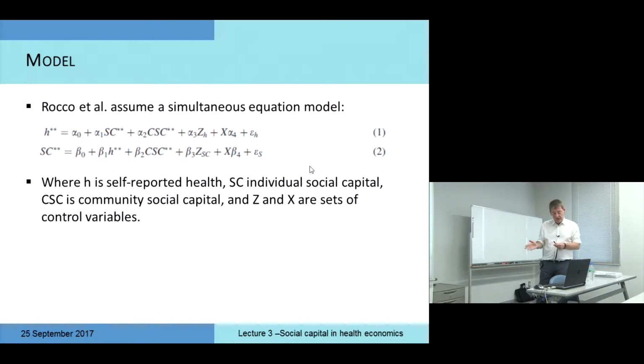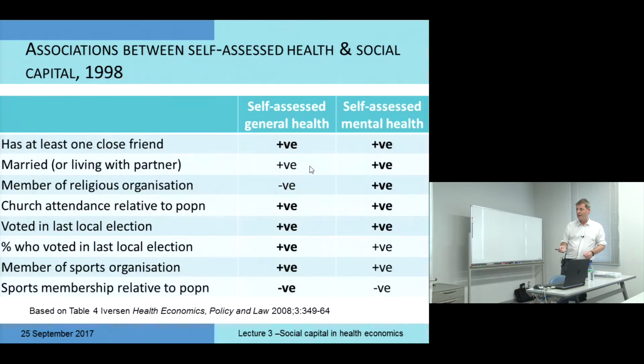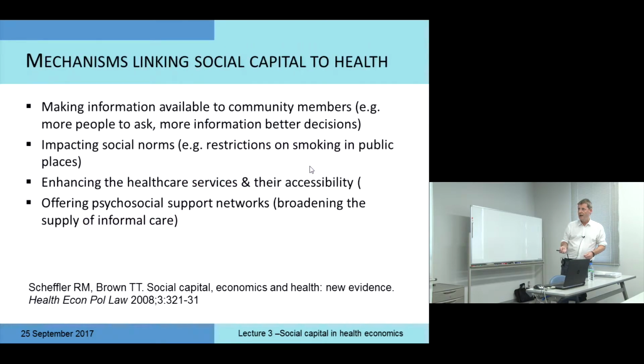So what this author's trying to do is to say, well, a lot of studies have just regressed health on social capital. While doing that, I'm going to regress social capital on health in the same simultaneous model, and thus allowing for that relationship that was emphasized in the earlier paper by Scheffler.